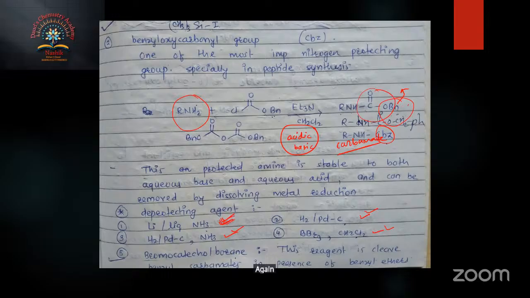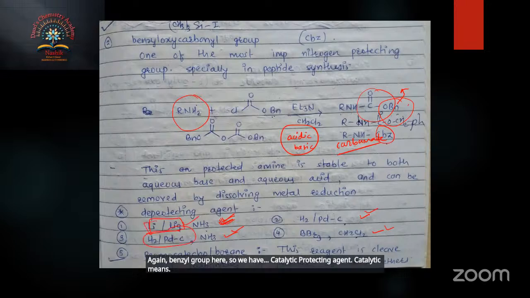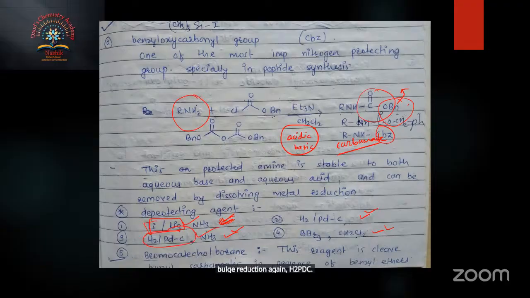We have catalytic deprotecting agent, catalytic hydrogenation, H2/Pd-C, and we have BBr3, a Lewis acid, or bromocatecholborane. So boranes are also useful for this deprotection, because boron can react with oxygen or nitrogen and deprotect this functional group.